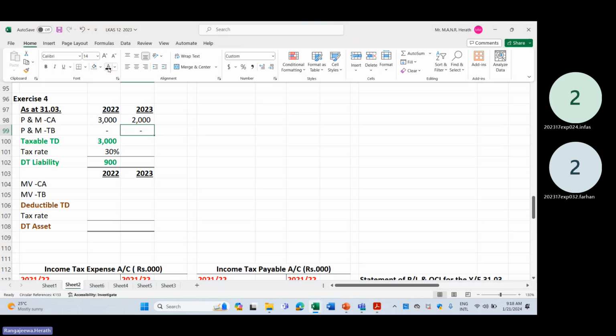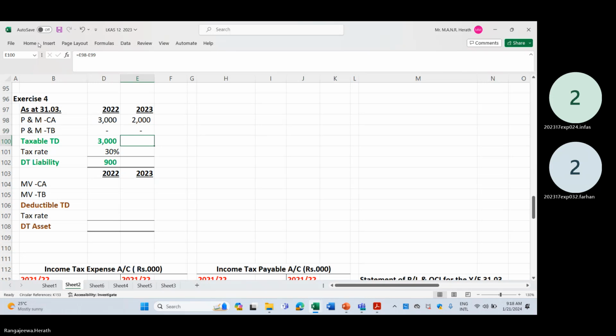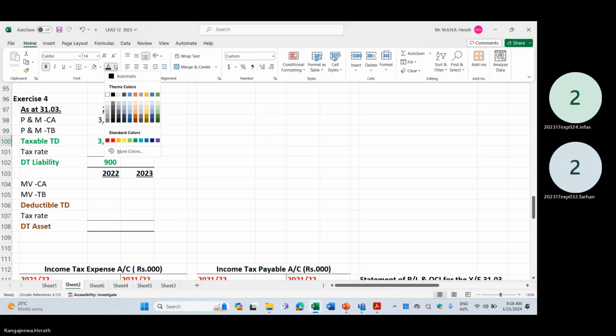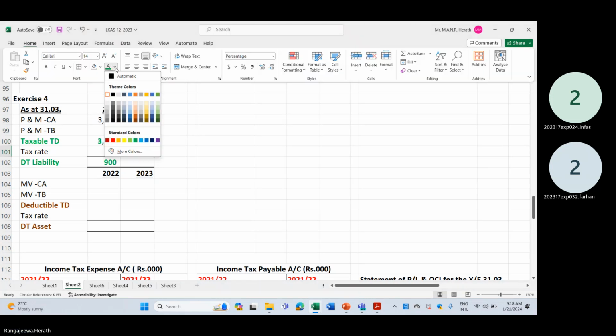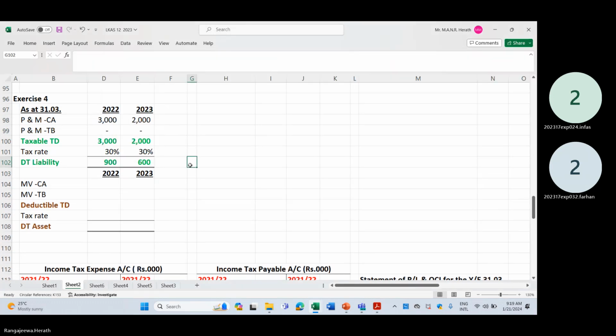Since it is fully depreciated for tax, it does not change. Then 2,000 into 30%, 600.